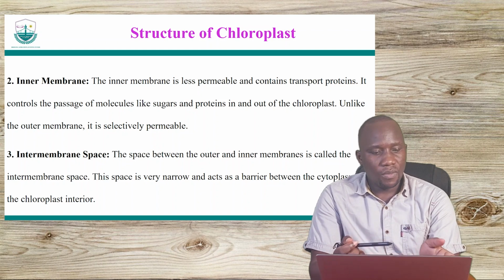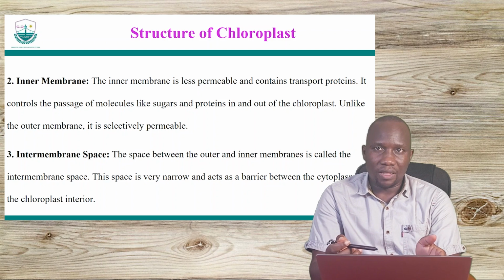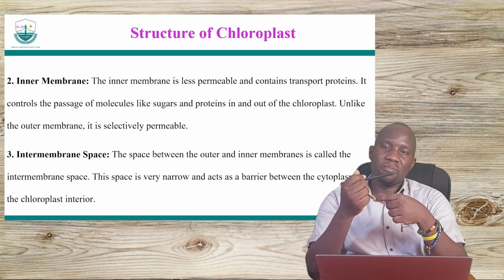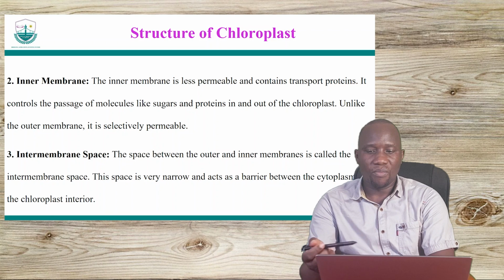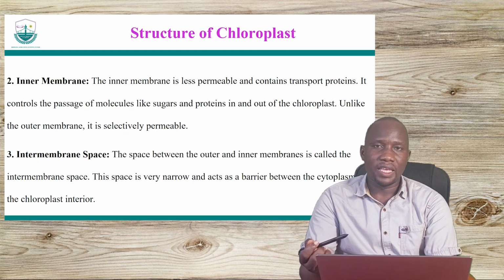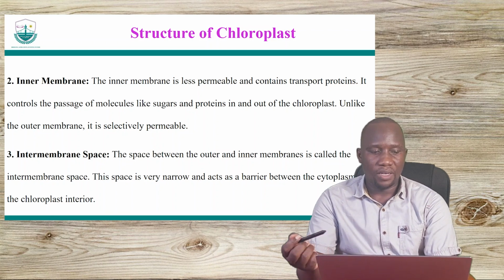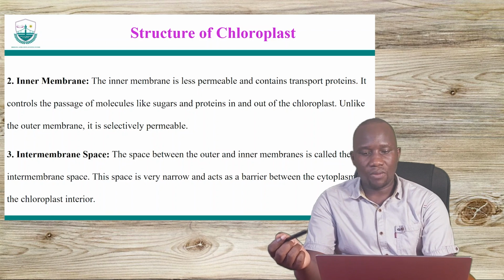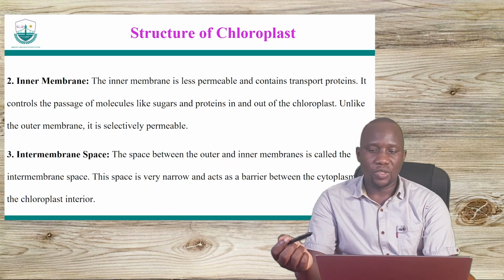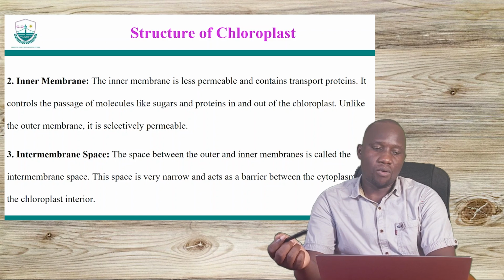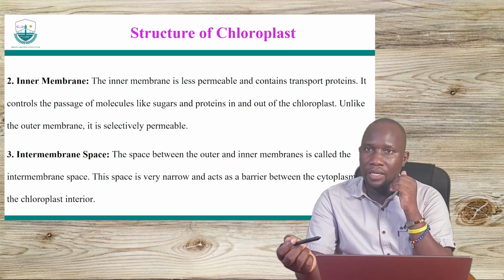And then there's that space between the outer membrane and the inner membrane, which we call the inter-membrane space. It's very narrow and it acts as a barrier between the cytoplasm and the chloroplast interior.